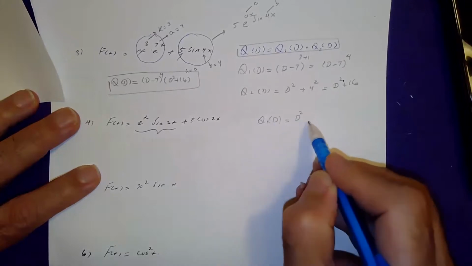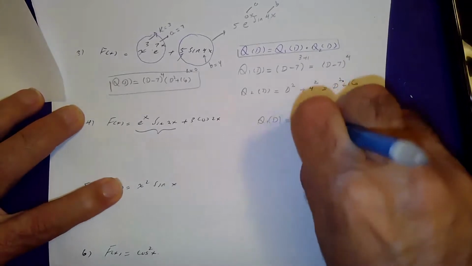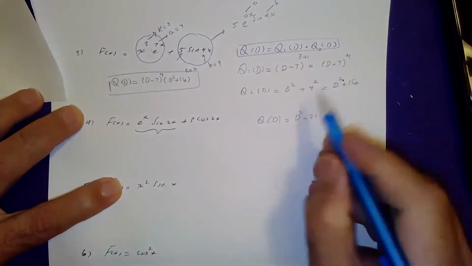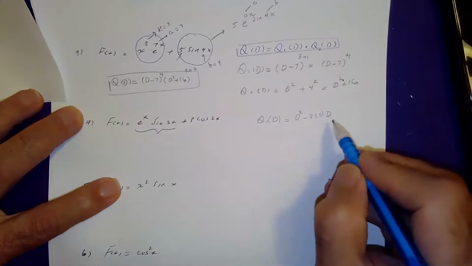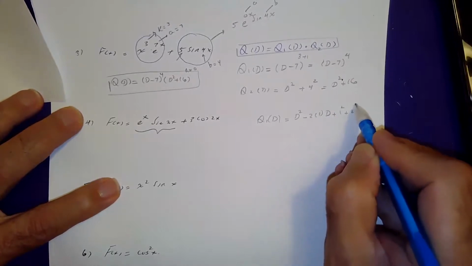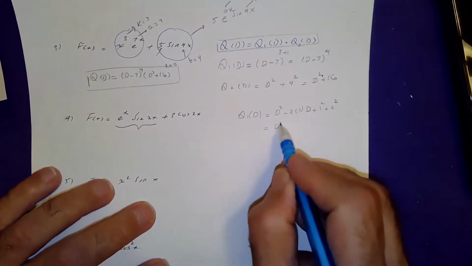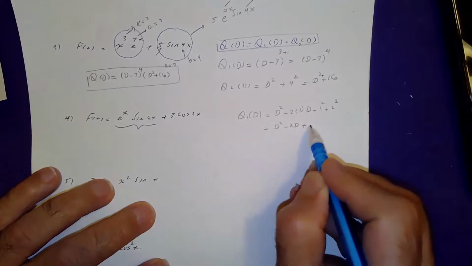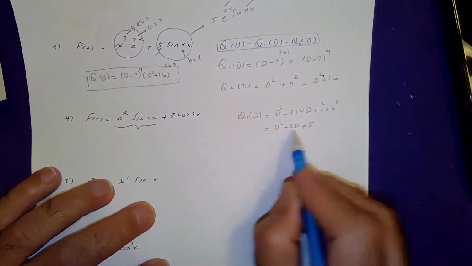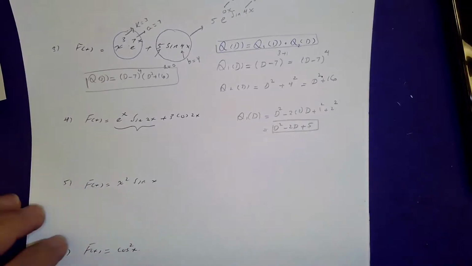It is D squared minus 2aD, which is minus 2 times D, plus a squared plus b squared. There. Answer: D squared minus 2D plus 5. 1 squared plus 2 squared is 5.